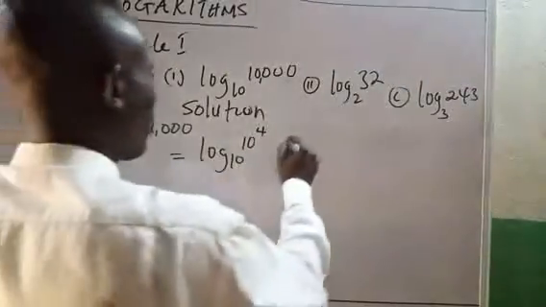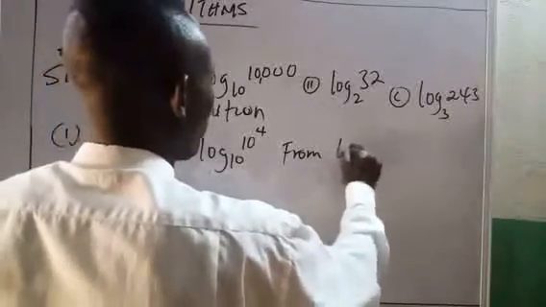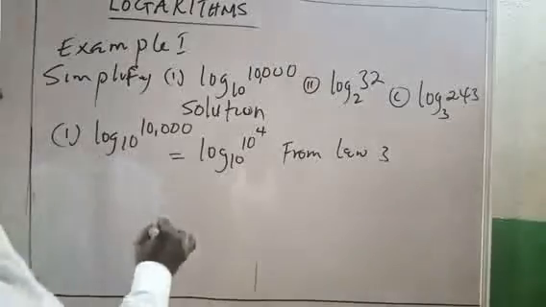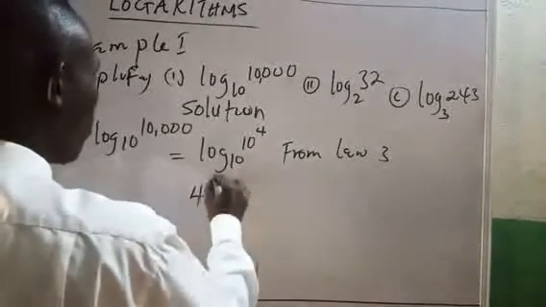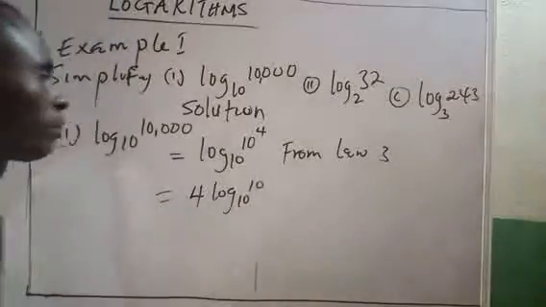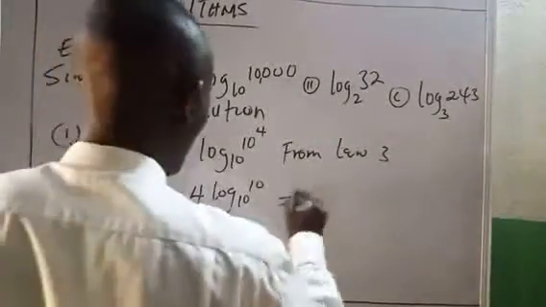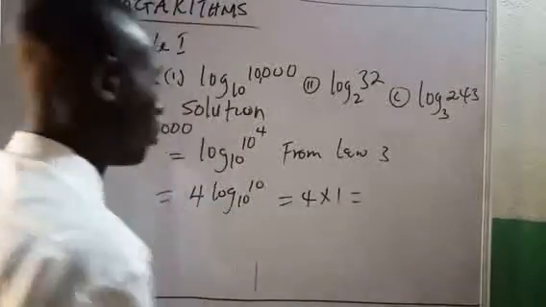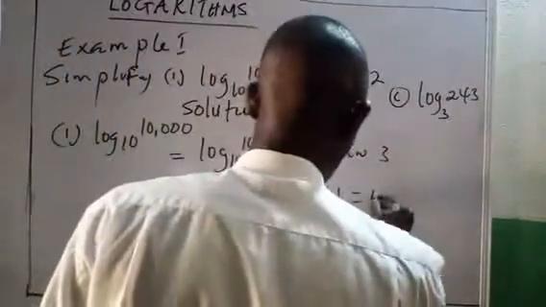So from law 3, we have 4 log 10, and that will be equal to 4 times 1, which is equal to 4.